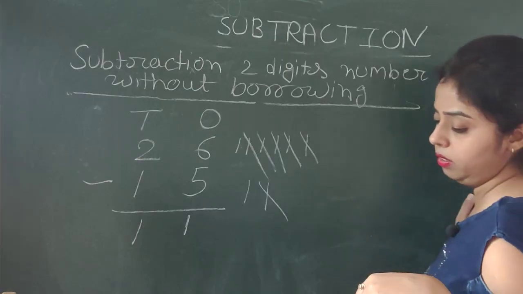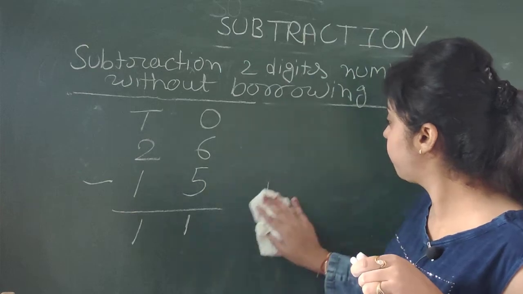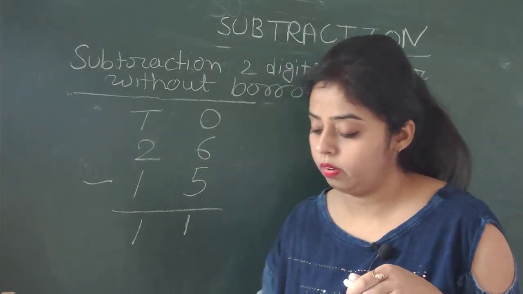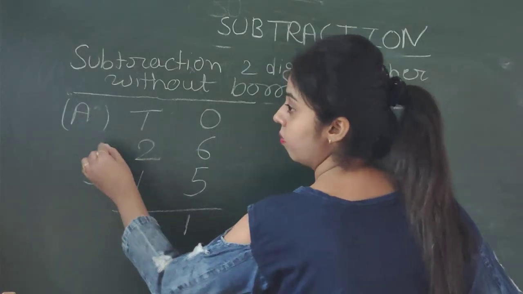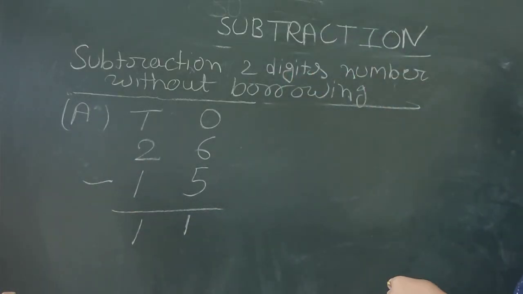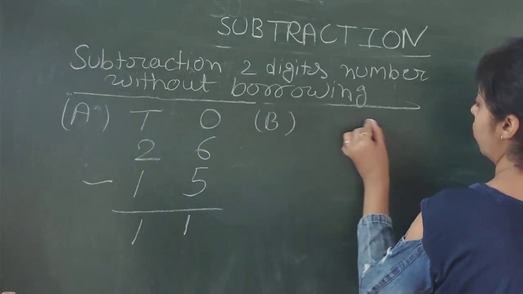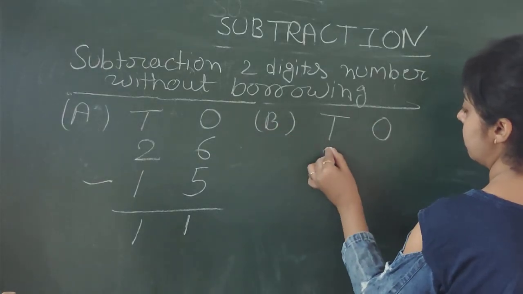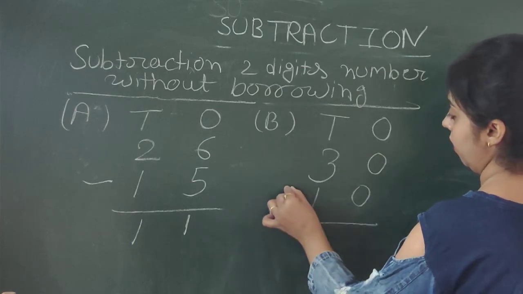Okay students. Next one is ones and tens. 30 subtract 10.